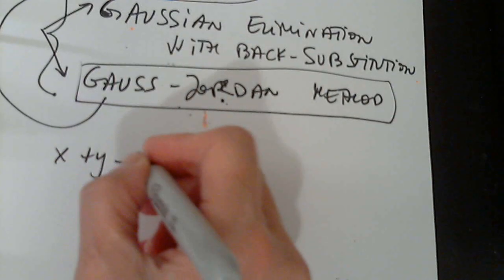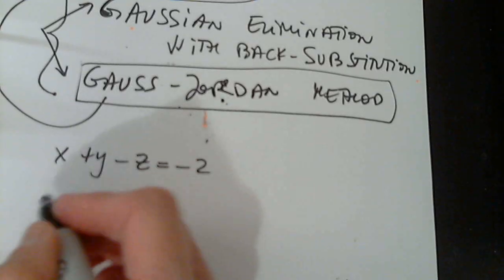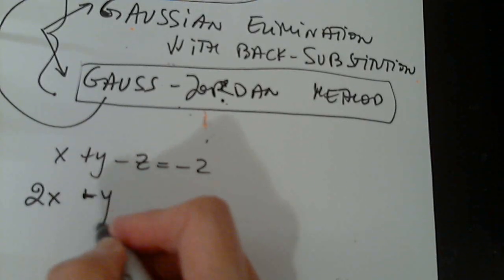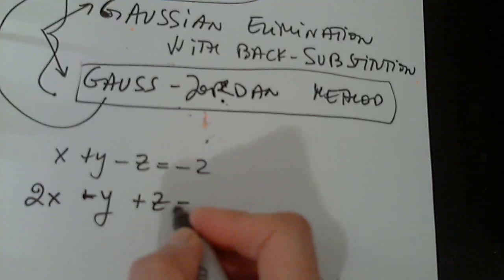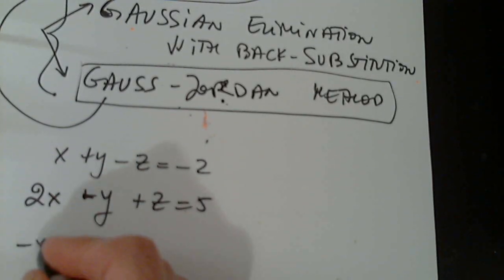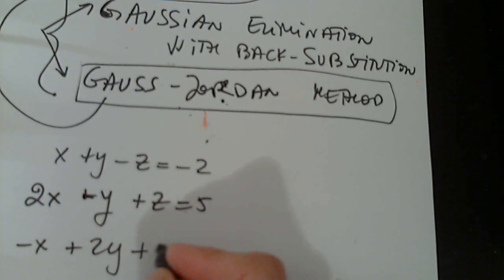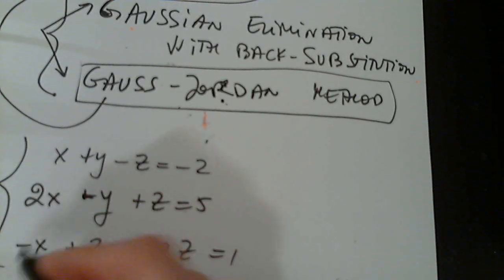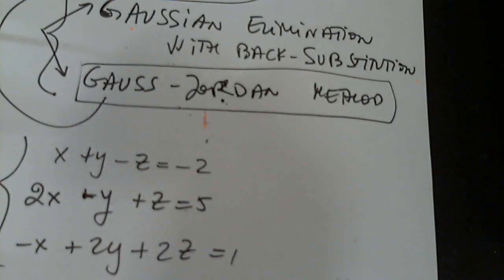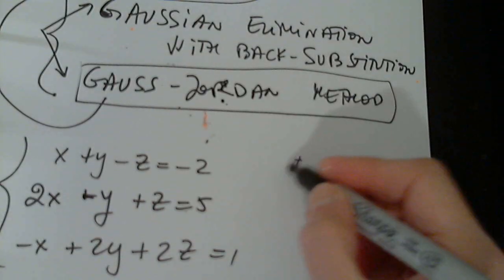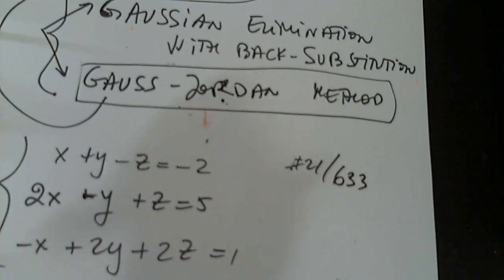So x plus y minus z equals -2, 2x minus y plus z equals 5, and negative x plus 2y plus 2z equals 1. So I chose problem 21 on page 633. Okay.